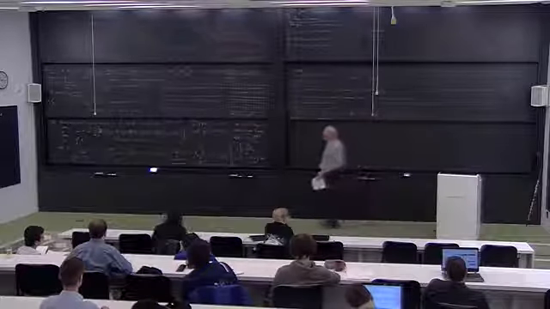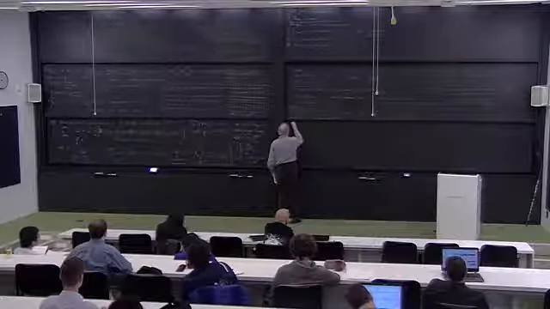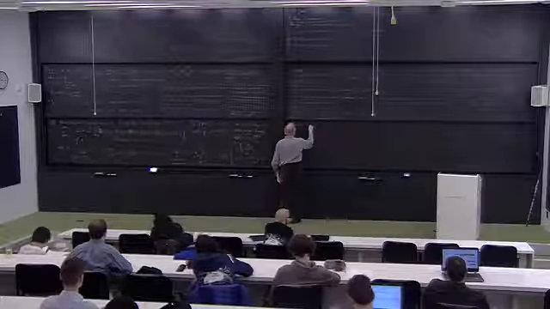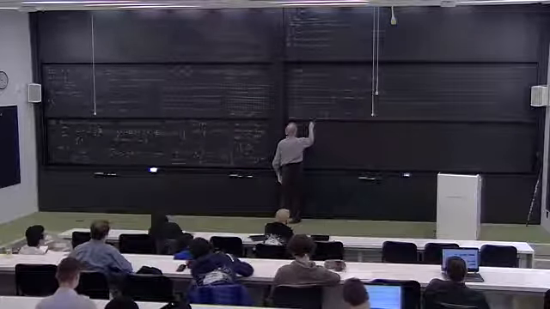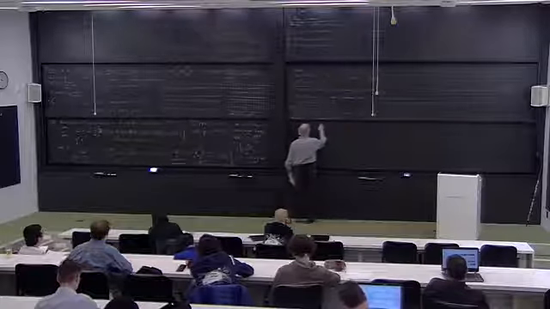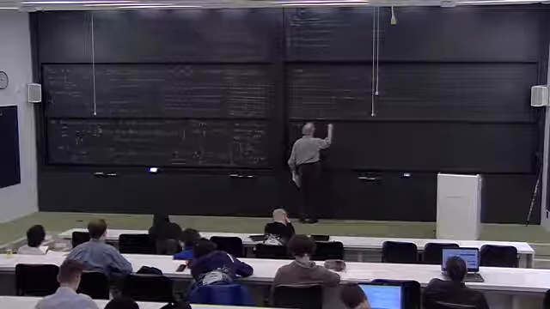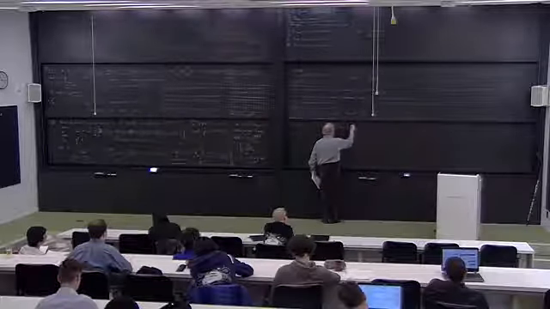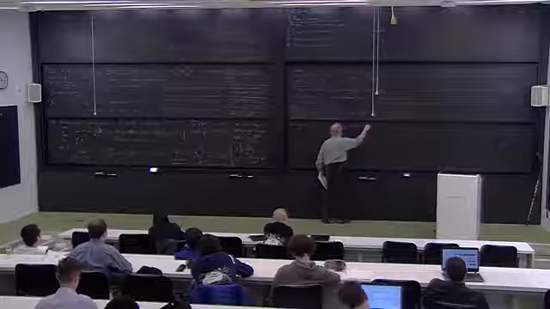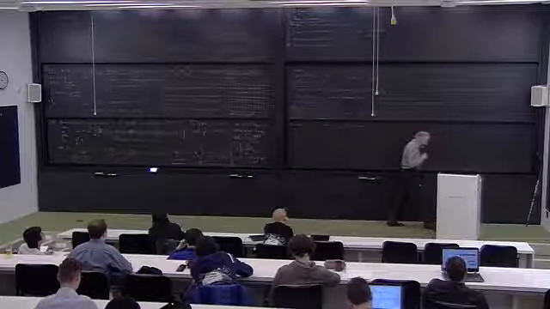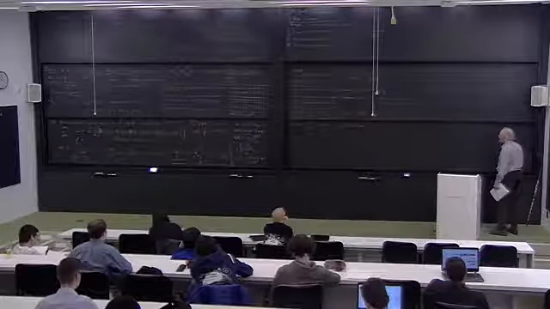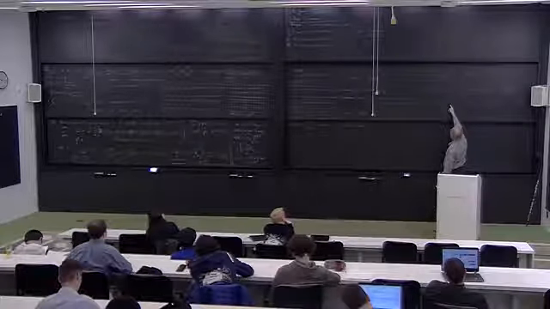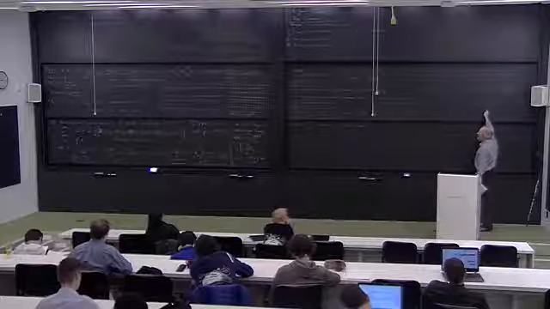Now the issue is to re-express the 4-point function, irreducible, in terms of GR rather than C. Remember, GR is related to C by this series expansion.